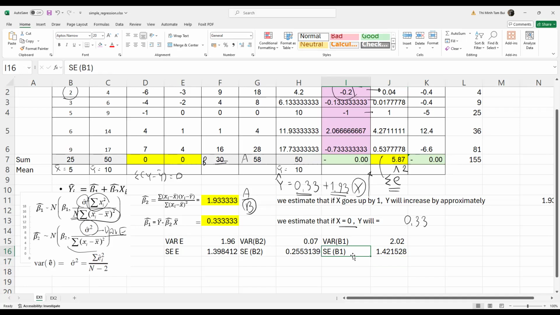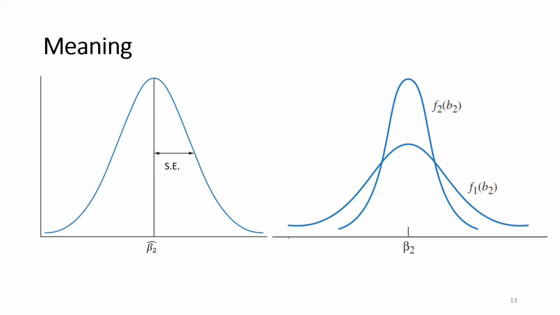It means the fluctuation, the volatility of your data. So this is literally the standard error. If you have a small standard error, it means your forecast parameter is very accurate. So it's steep.